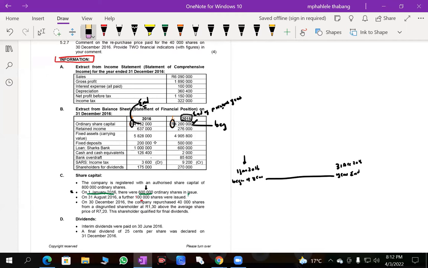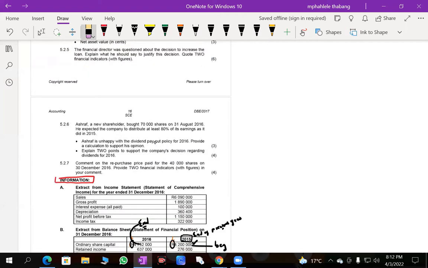You know, sometimes in accounting they can give you this information. Sometimes they can say we issued 100,000 shares, and each share is issued at 2 rand.